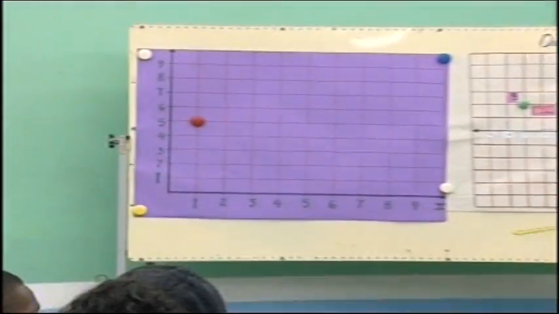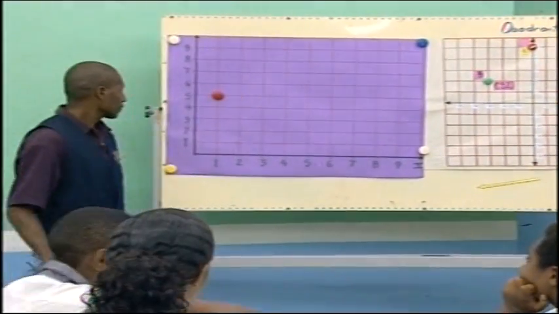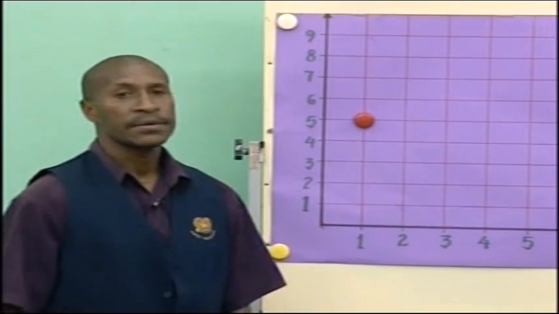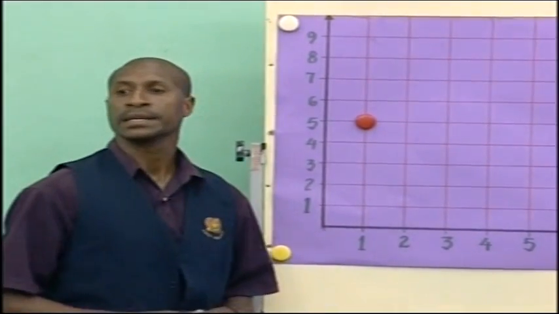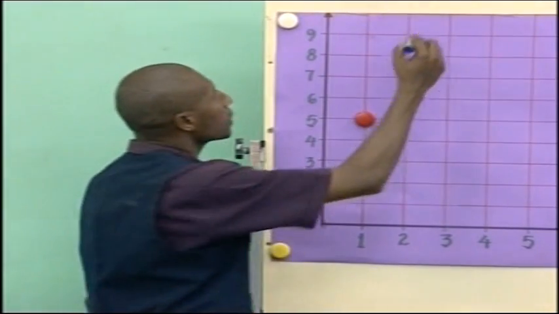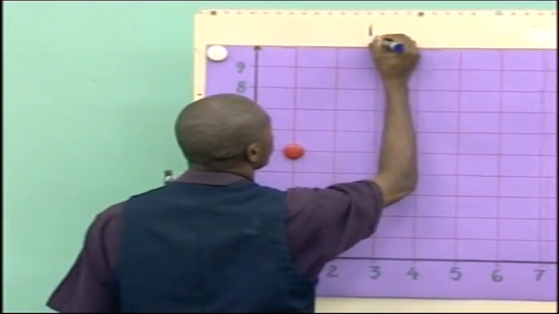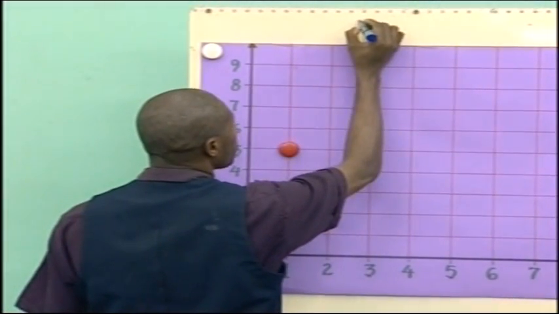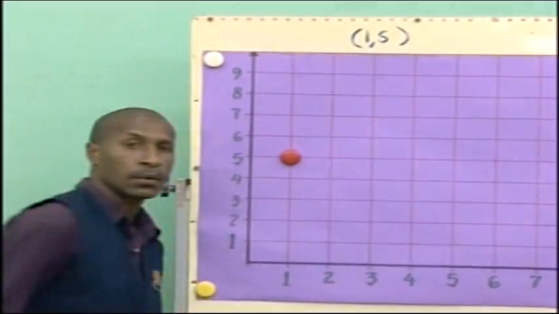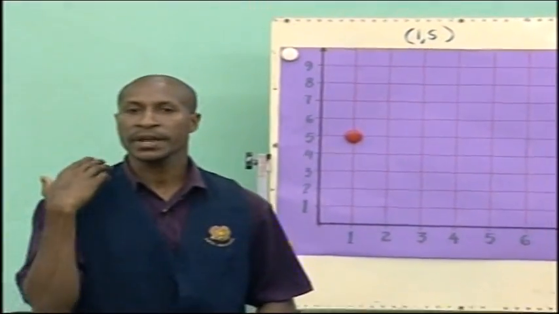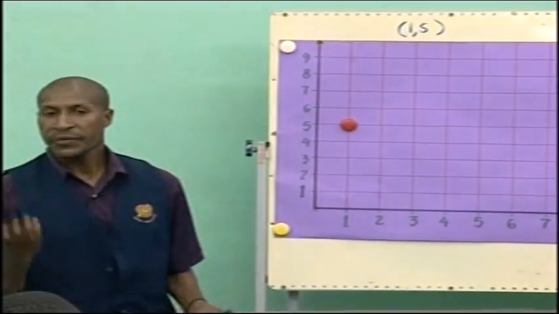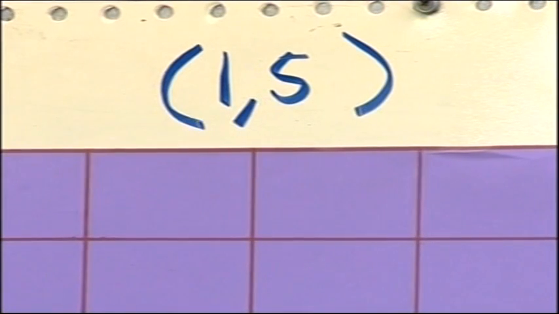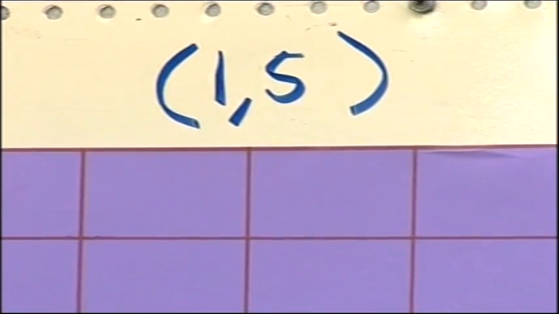Okay, let's have Glenda. 1,5. Is she correct? Yes, our friend says 1,5, okay? 1,5. Don't forget brackets, huh? When we want to say, spell, or read the coordinates, we read it as how we write it, okay? The way we write it, we read it the same way.